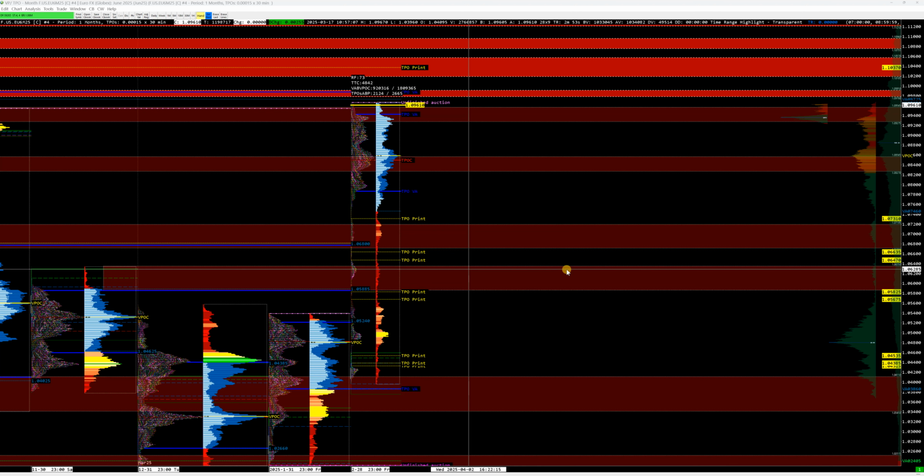And when they are revisited, the low volume nodes, the gap, the hole if you like, in the profile, will be a place where a lot of transactions will happen.